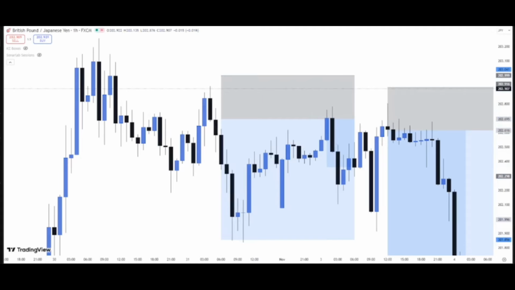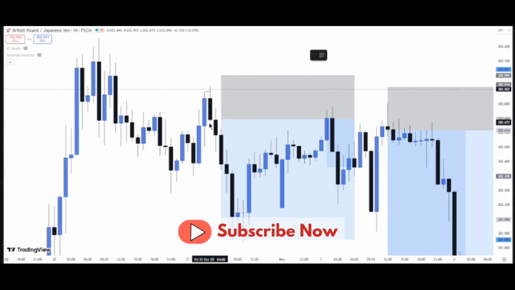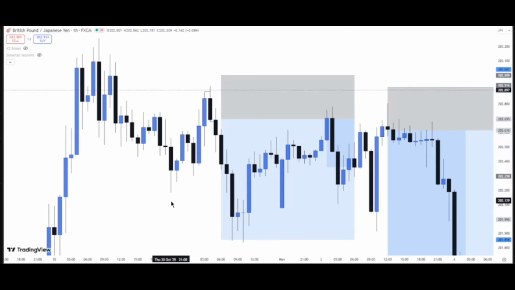The first rule is that the first candle has to be taken out with the candle wick, and as you can see, it happened there. Second rule is that the number 3 candle has to take out the low of candle number 2, and that happened there.